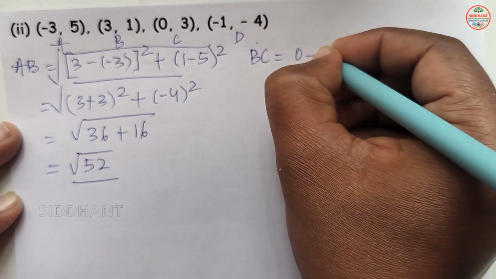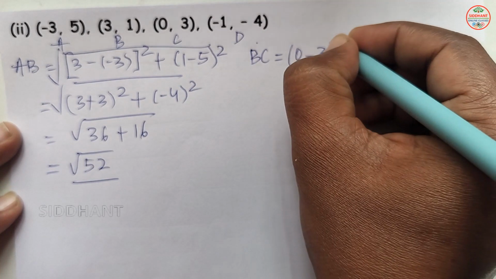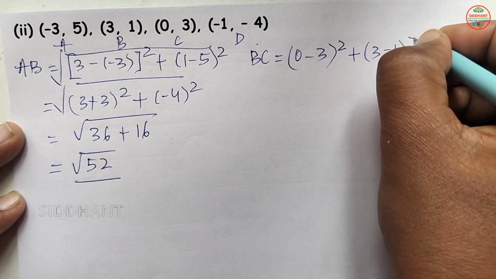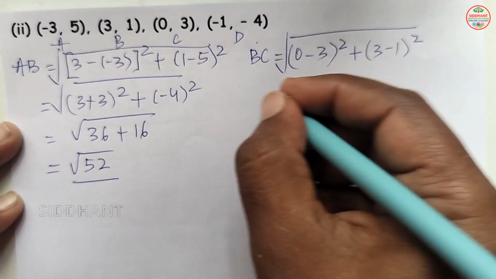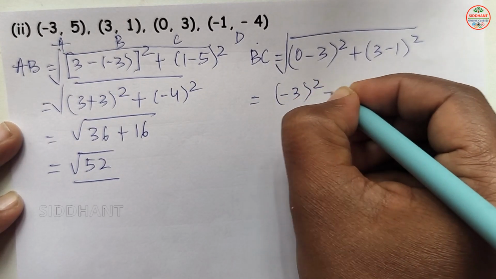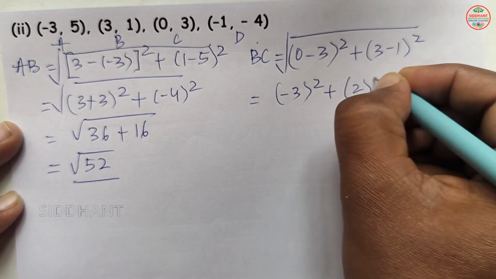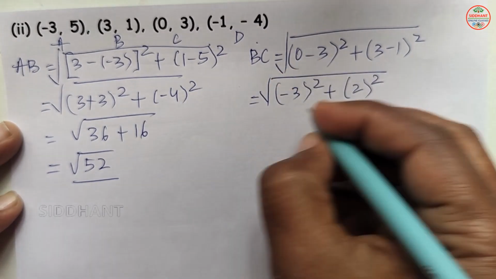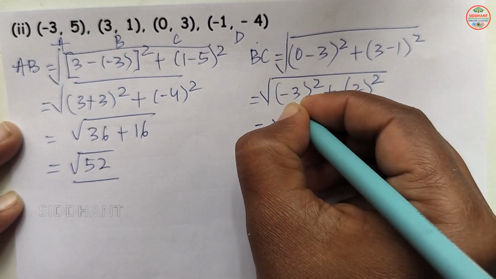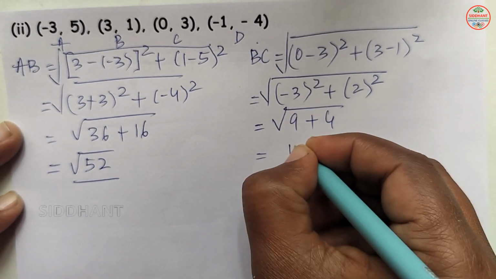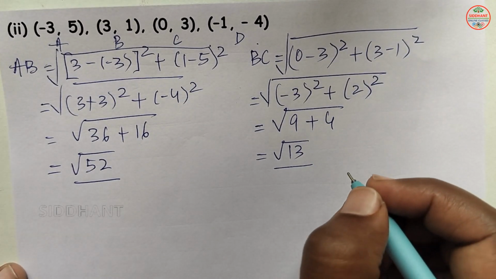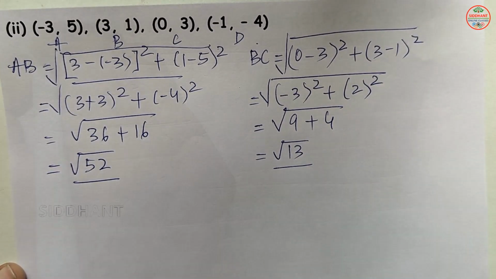Next we are going to see BC. BC is 0 minus 3 whole square plus 3 minus 1 whole square under square root. So minus 3 whole square plus 2 whole square. 3 square is 9, plus 4, so that will be 13. BC is square root 13.